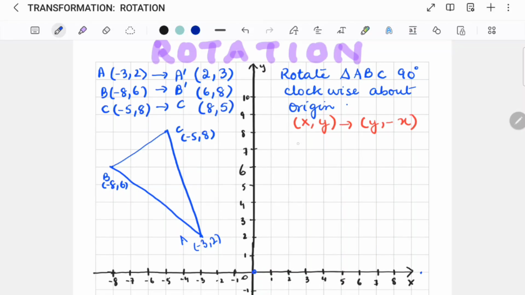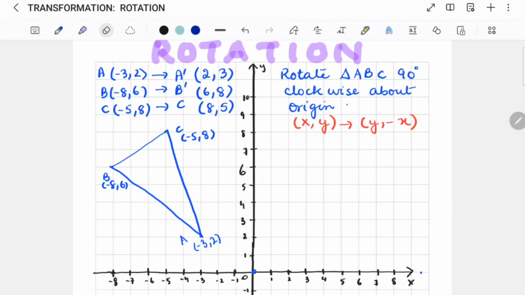I'll tell you how. For example, (-3, 2) is (x, y). First you write down y, which is 2, and then you change the sign of x, which was negative, so we write positive 3. We did the same thing for all the coordinates of ABC.